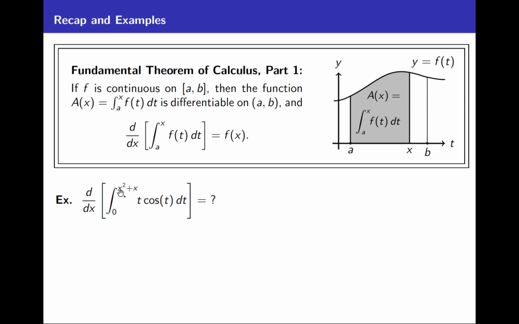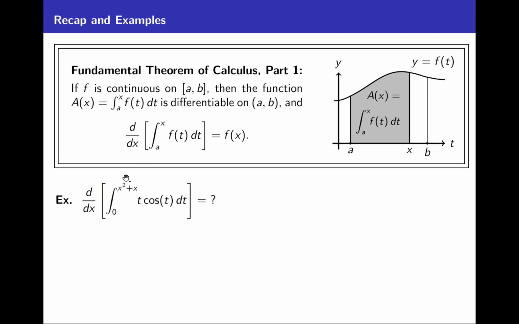If x equals 3, you'd have the integral from 0 to 9 plus 3, the integral from 0 to 12. Whereas if x was 1, you'd have the integral from 0 to 2. So this definite integral depends on the value of x. So it's a function of x.